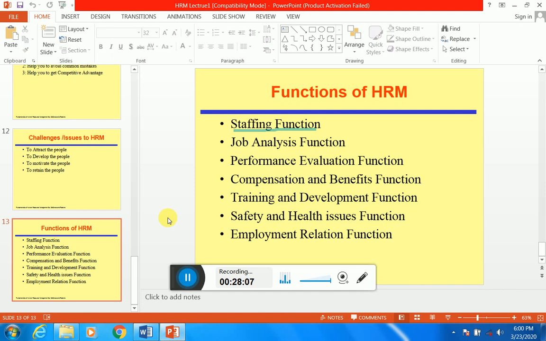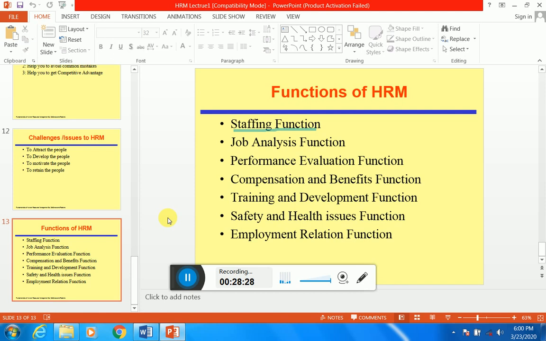They basically make some standards. Against those standards, the actual performances of the employees are compared, and then the results are recorded. The next is the compensation and benefit function.